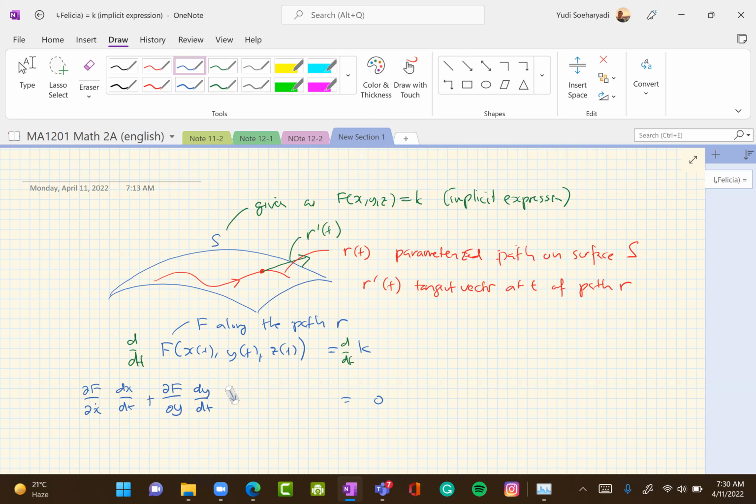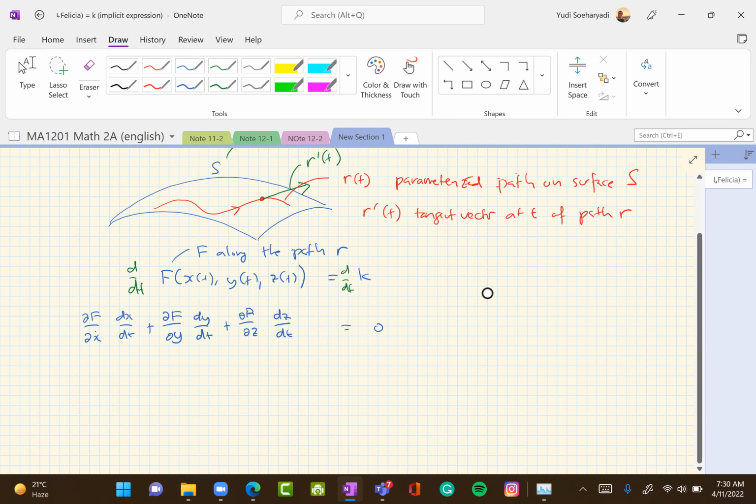And then you have the third one, df dz times dz dt. Which you can write down as the gradient of f dot, what's that, a vector of dx dt, dy dt, and dz dt.